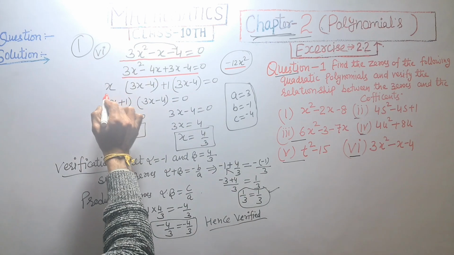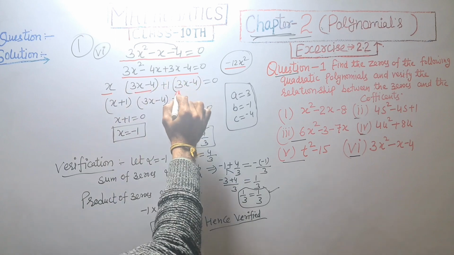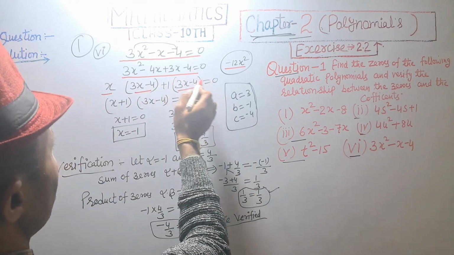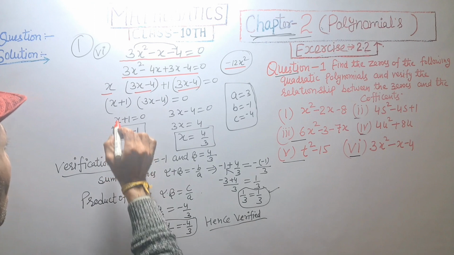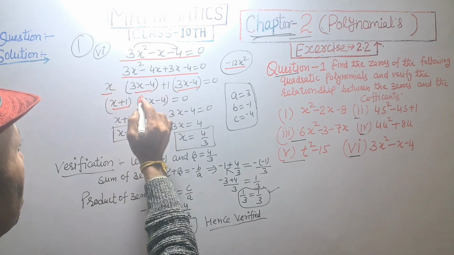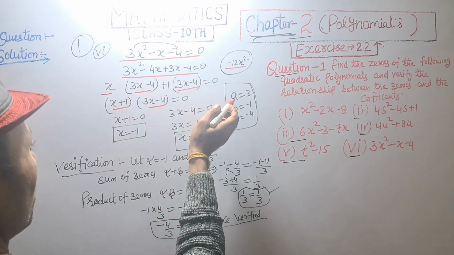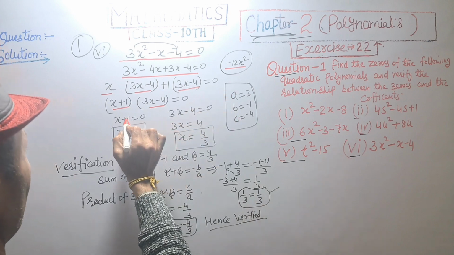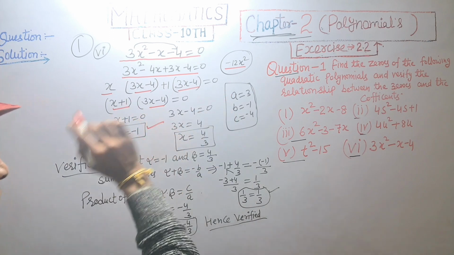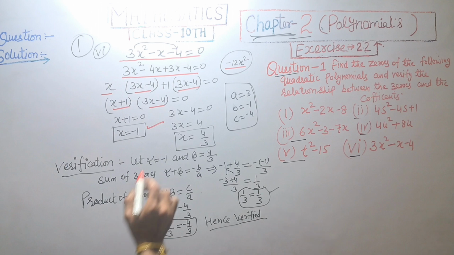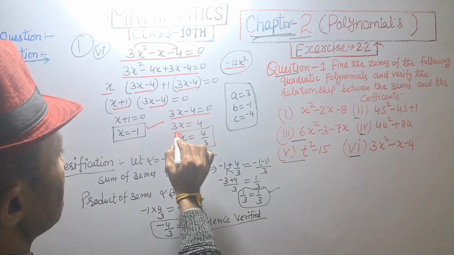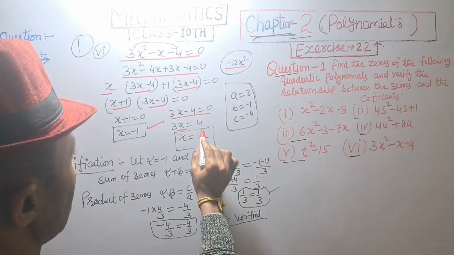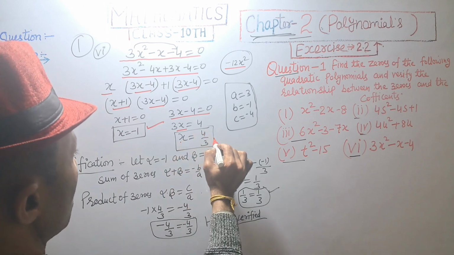We are taking x common, in bracket 3x minus 4, and 3x minus 4 in bracket 1 is common, equal to 0. X plus 1 one time, 3x minus 4 one time equal to 0. X plus 1 equal to 0 means x equal to negative 1, and 3x minus 4 equal to 0 means 3x equal to, shifting right side, positive 4, and x equal to 4 upon 3.